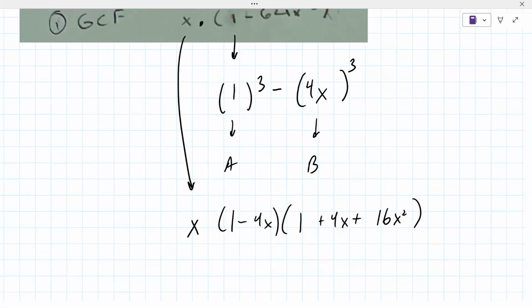Okay. Let me see if I can find a couple of practice problems that are kind of like this one. Let's see here.